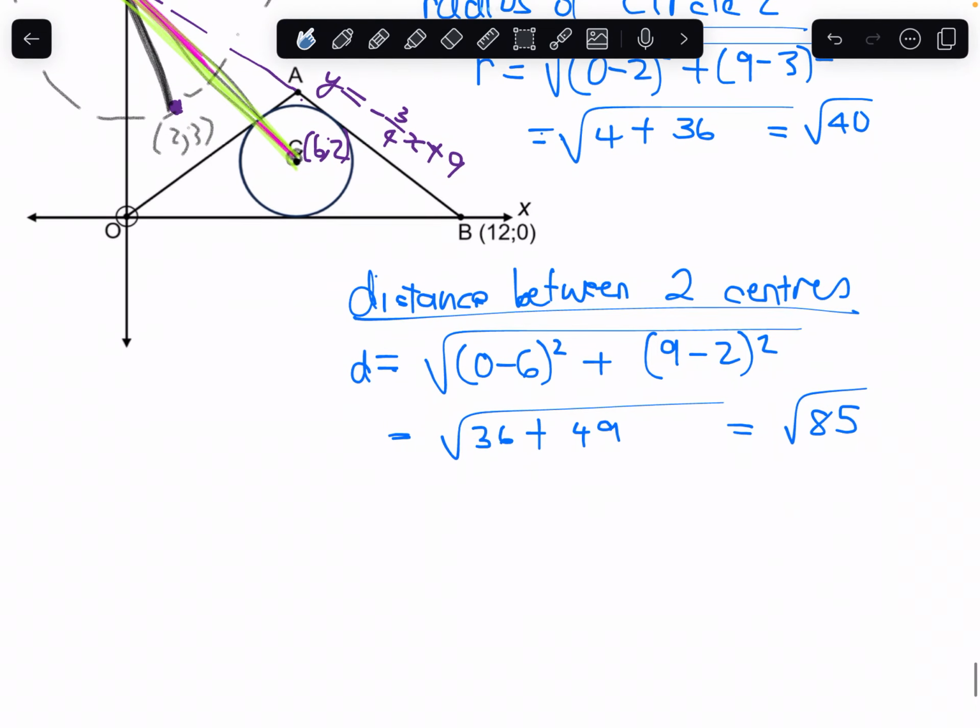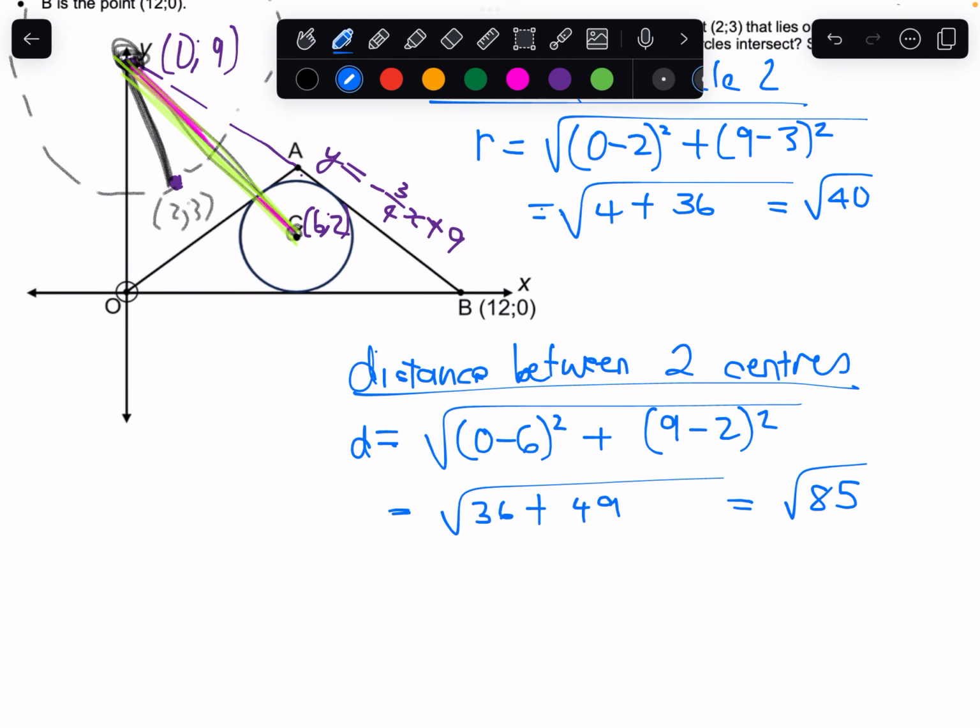Okay, right. So now we want to see, well, let's call this radius R1, this is a radius of circle 1, and this one R2.